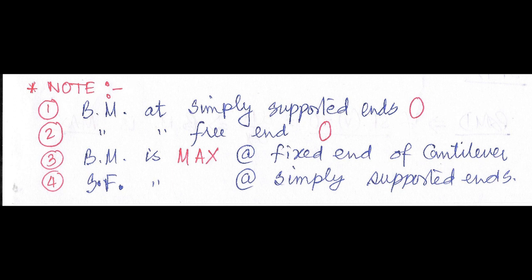So anywhere you see a free end, the bending moment is 0. Number 3, bending moment is maximum at the fixed end of a cantilever. In case of a cantilever, where is the maximum bending moment? At the fixed end. Number 4, shear force is maximum at the simply supported ends of a simply supported beam.